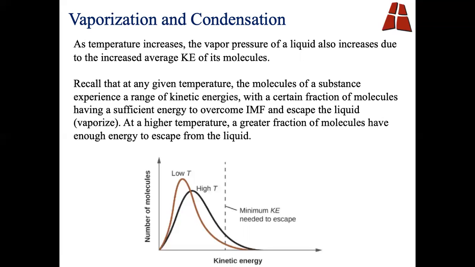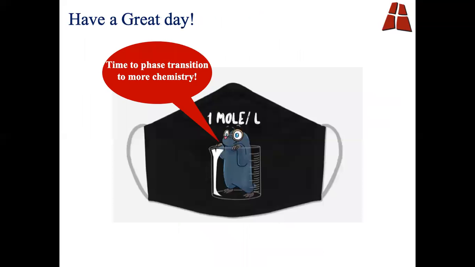In the example here, the black line, we have a higher temperature, we have fewer molecules at our peak, but we have a higher number that cross this line of having the minimum kinetic energy needed to escape the liquid and turn into a gas. All this to say, when we warm something up, it is more likely to be a gas than a liquid.